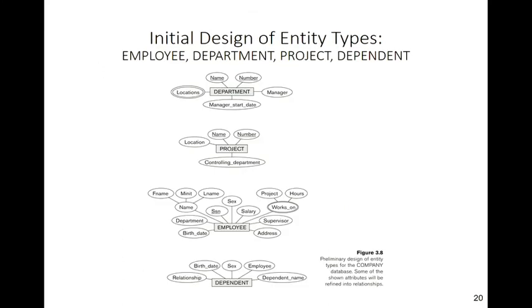All right. So if we look at this picture, right? At the top we have department, and we have the name of the department and the number associated with the department, and we have a manager, we have multiple locations, and we have a manager start date.